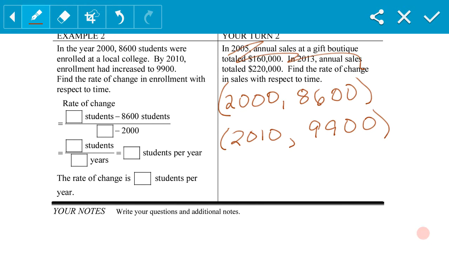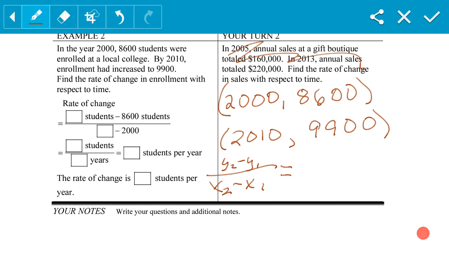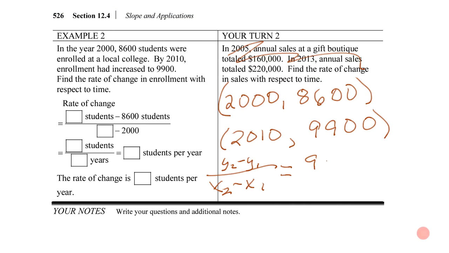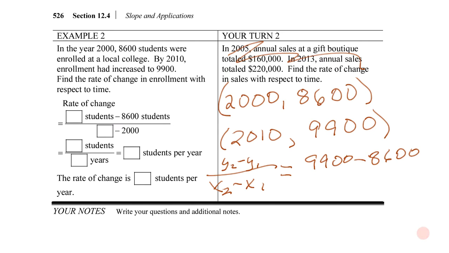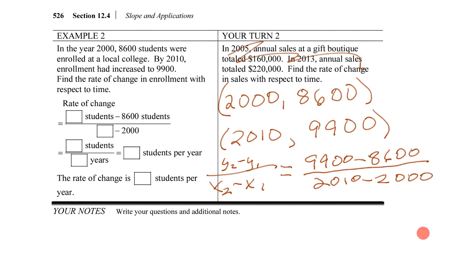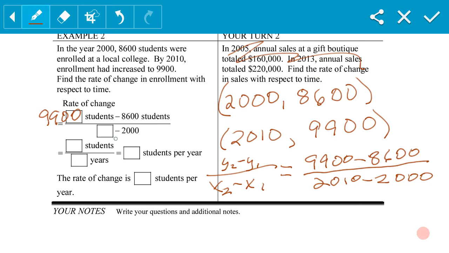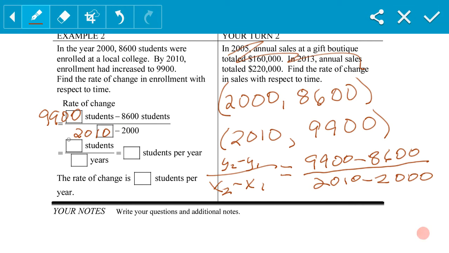So we do our y2 minus y1, and let's say y2 is 9,900 minus 8,600 over 2010 minus 2,000. So here we have 9,900 minus 8,600 over 2010 minus 2,000.